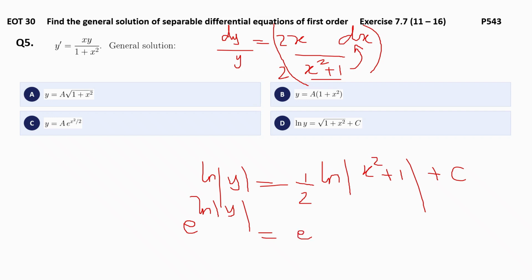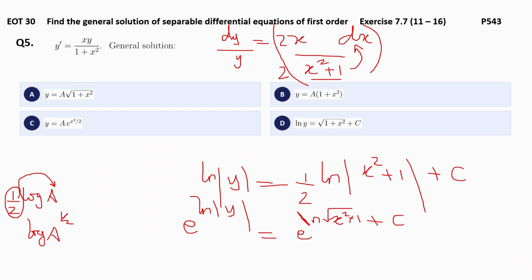So e power ln root x square plus 1 plus c. You need to recall the concept. Whenever you have half log a, this half can be taken to its power, so it becomes log a to the power half, which is nothing but log root a.